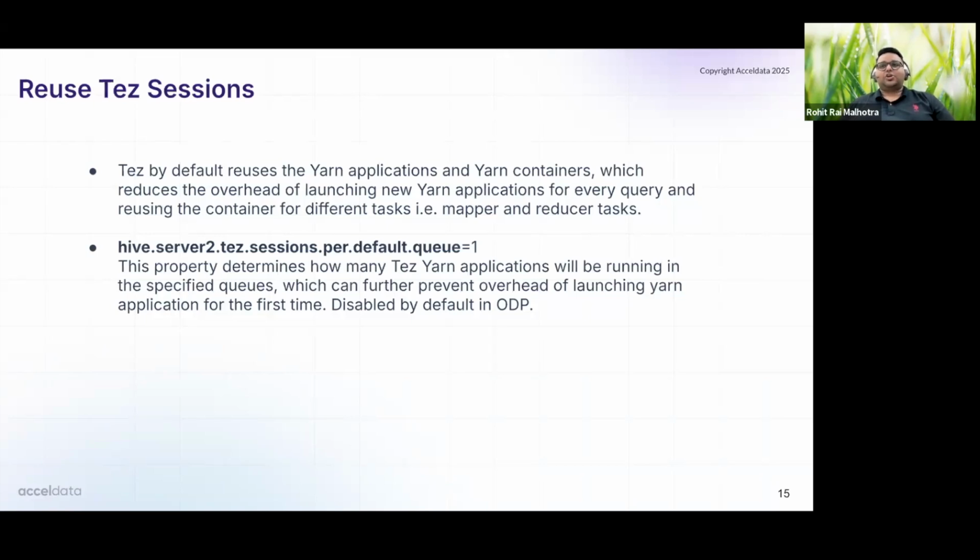If a yarn application is not able to start for some reason on the yarn side, the Hive server 2 also will not start. So be very careful with this property. But yeah, if you have a lot of jobs running, there is a way to avoid the launch time overhead using this property.